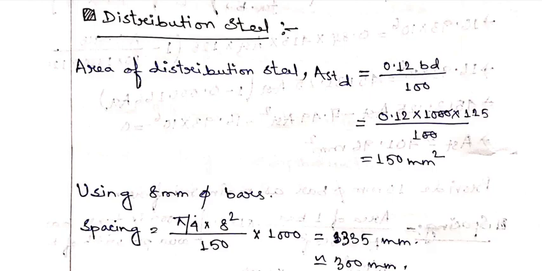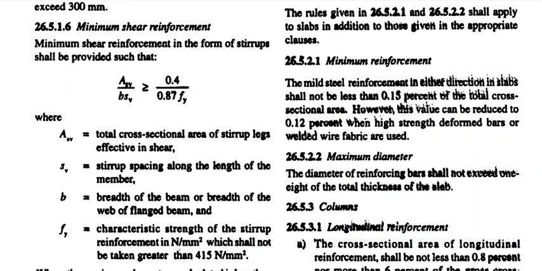For distribution steel, first of all we have to check clause number 26.5.2.1 of IS 456-2000. Let's go to the code. Now check here clause number 26.5.2.1, minimum reinforcement. The mild steel reinforcement in either direction in slabs shall not be less than 0.15% of the total cross sectional area.